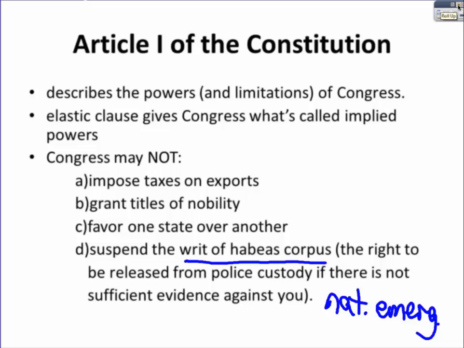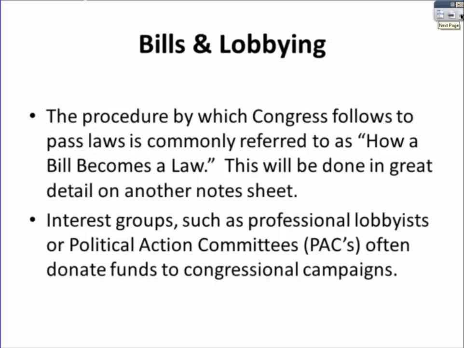Some presidents have actually been criticized, such as Abraham Lincoln, for suspending the writ of habeas corpus because the executive is described in Article 2, so therefore suspending the writ would be a congressional power because it is described in Article 1. And presidents who have used or abused a power of suspending the writ of habeas corpus have been heavily criticized, even famous presidents like Abraham Lincoln.